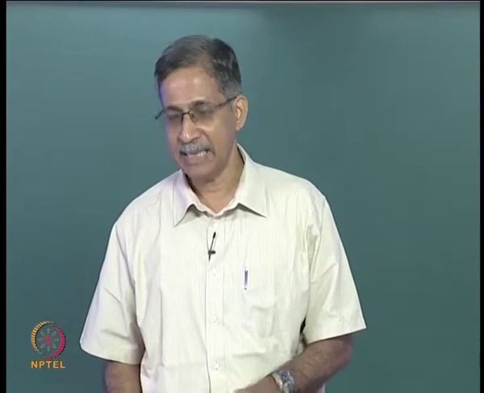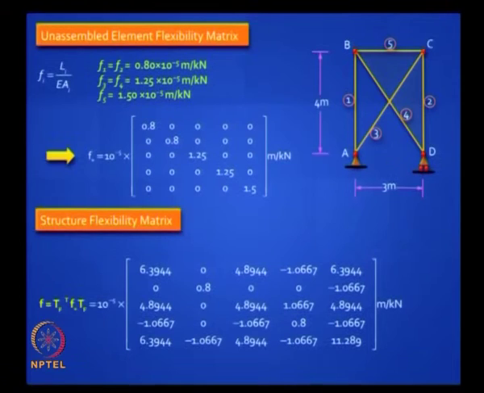You change the loading, I can still do it in a jiffy by this matrix multiplication. Is it clear? So this step is straightforward, and the real power of this method comes when you deal with indeterminate structures. So I am just giving one example of demonstration for a statically determinate structure.